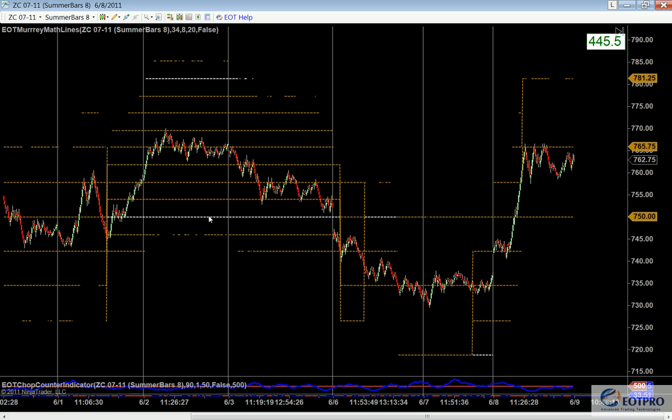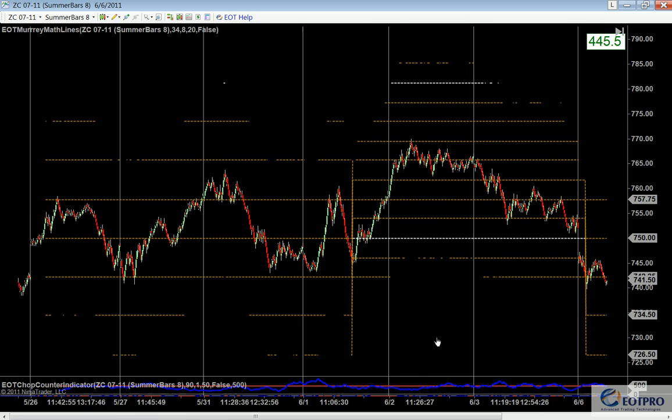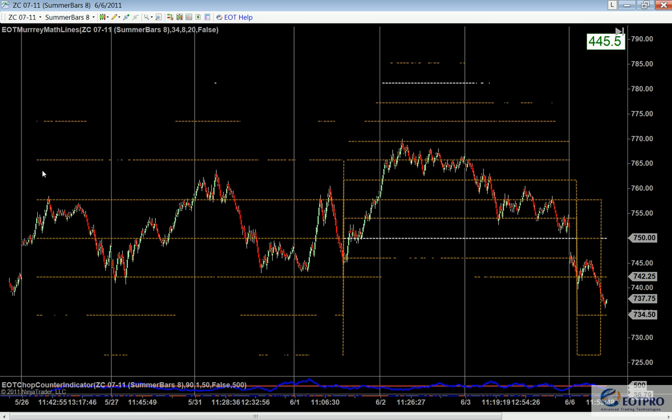Those areas are really high levels of support and resistance based on previous day calculations. Then there are these minor lines, which are colored here in gold.